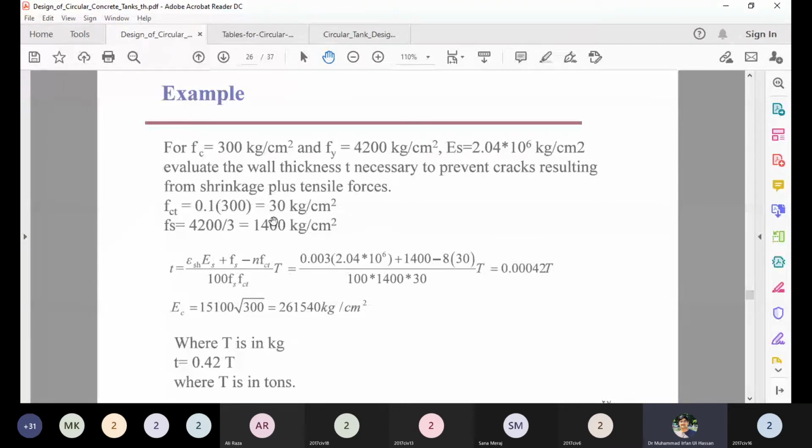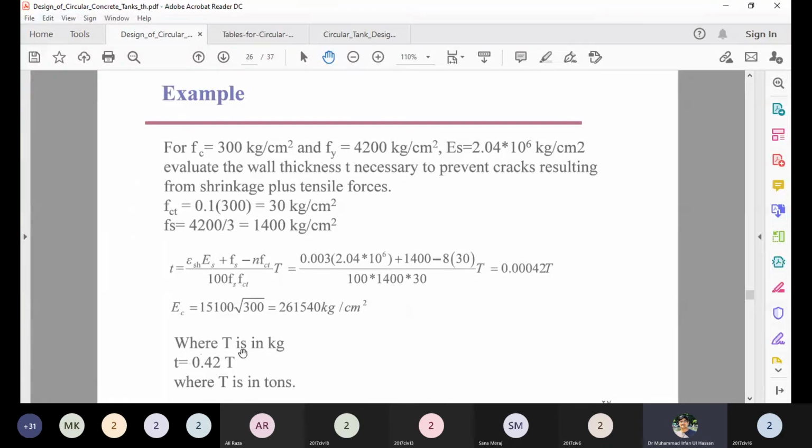And how can the modulus of elasticity of concrete be computed? You know that it is dependent upon the Fc prime. So EC is 4700 under root Fc prime if you are computing in megapascal. It is 15,100 times root Fc prime if you are computing in kilogram per square centimeter. So EC is computed and you put down the value, and you get this answer.